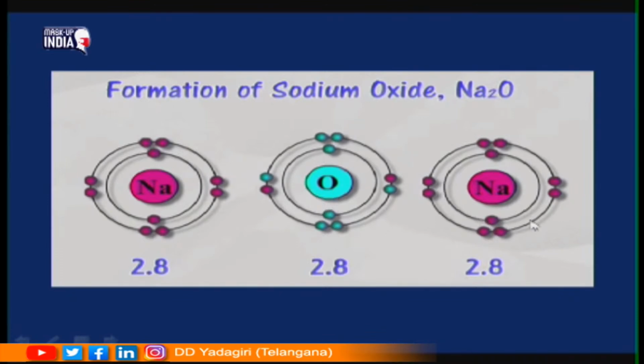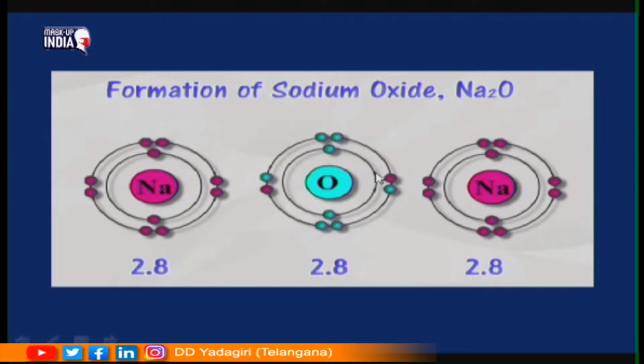Sodium, after losing one electron, forms Na plus ion. So, the O 2 minus ion gets attracted to 2 Na plus ions, thus forming a molecule called sodium oxide. This is an electrostatic force of attraction present between the oppositely charged oxide ion and the sodium ions.